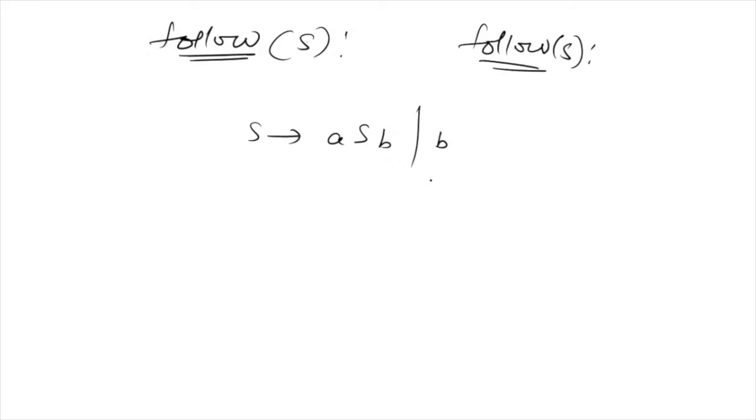When you are finding first of S, you go to the left side, to this S. But when you are finding follow of S, you will go to the right hand side. When you want to find follow of any non-terminal, you will look for that non-terminal on the right side of every production.